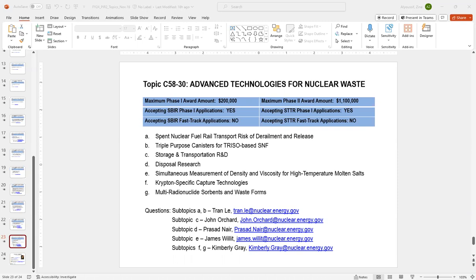What we are right now looking at is generic geology, which includes argillite or salt or crystalline, and looking at both saturated and unsaturated conditions over a long period of time. The idea behind this is to isolate the waste over a long period of time. The dose to the atmosphere is less over a million-year period.